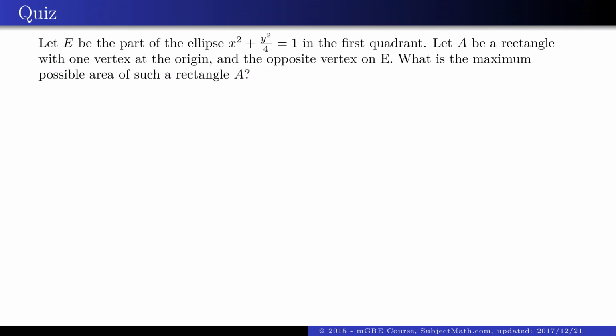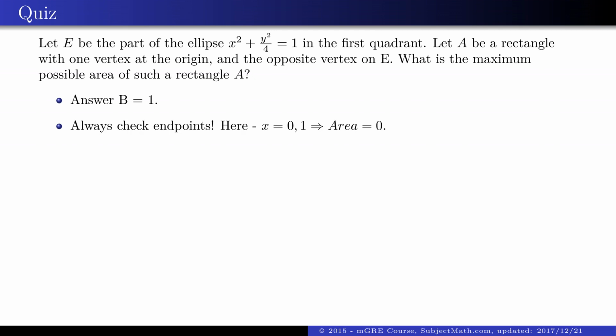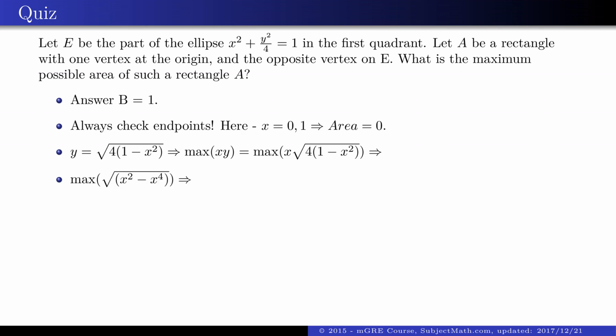Ready for the answer? It is B. Since we are required to find a global maximum, we have to check the endpoints, which are the global minima in this case. This is the formula for y, and we need to maximize the value of xy. X is positive, so we are allowed to put it inside the square root.